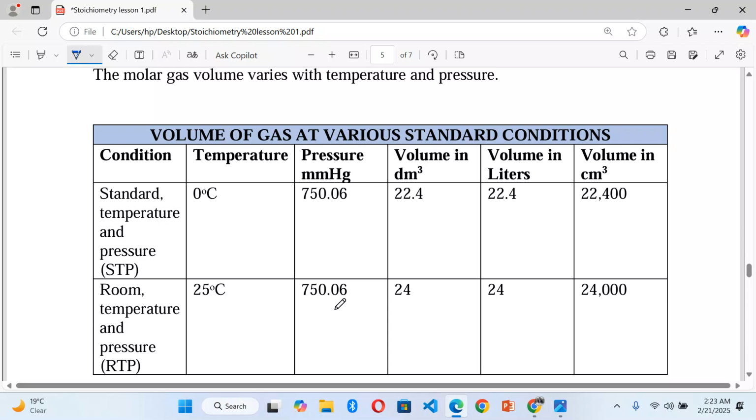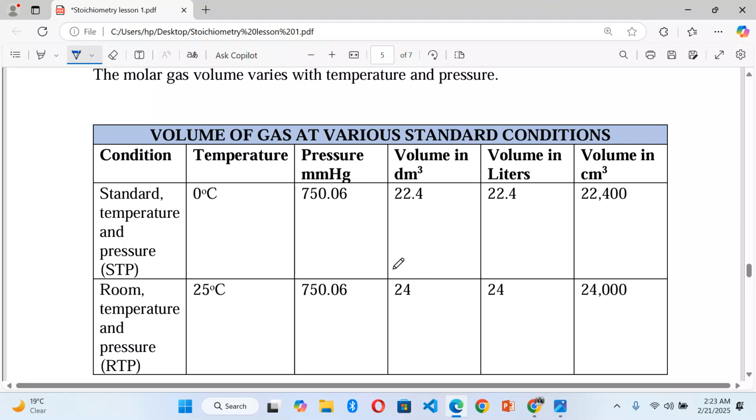So we are saying that the volume occupied by 1 mole of a gas varies depending on this, because temperatures at STP and at RTP are different. Because they are different, even the volumes change.